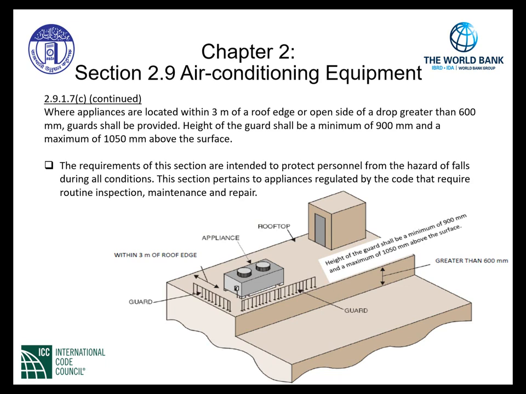We have an air conditioning appliance that is within 3 meters of the roof edge, and this installation will require guards as indicated above. The height again of the guards as shown here shall be a minimum of 900 millimeters and a maximum of 1,050 millimeters above the surface.